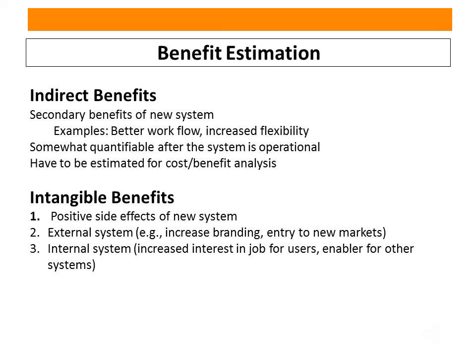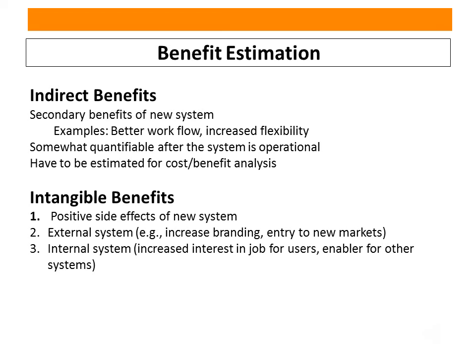If I have a brand and I want to increase the branding of that particular brand, what are the measures and factors to increase the branding of my product? That is a market. So you have to enter into new markets, to give the benefits of your external system as well as the internal system.